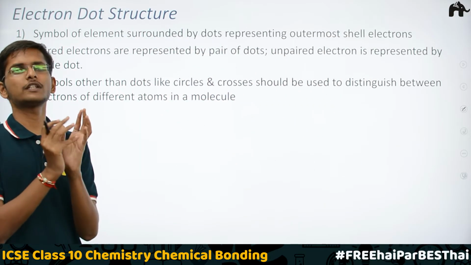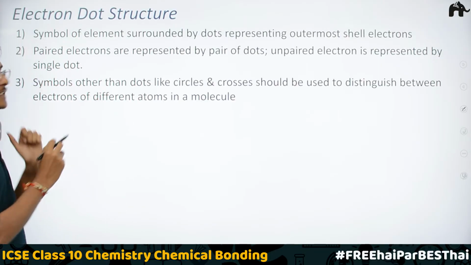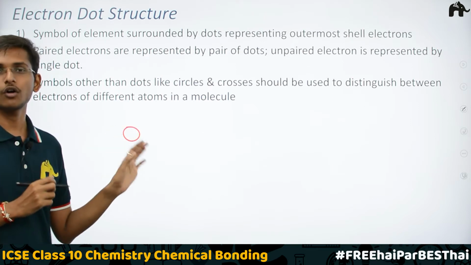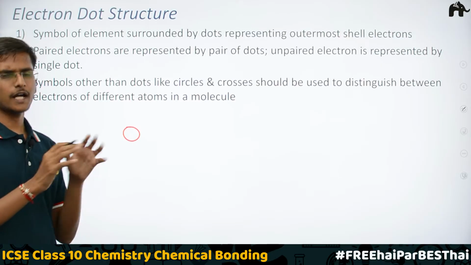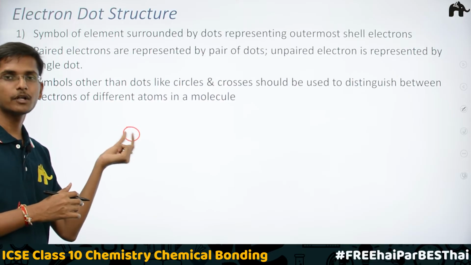So if I have to draw the electron dot structure of an atom, the first rule says that you first write the symbol of that particular atom. If I have to draw the electron dot structure of an oxygen atom, I would first write the symbol of oxygen.